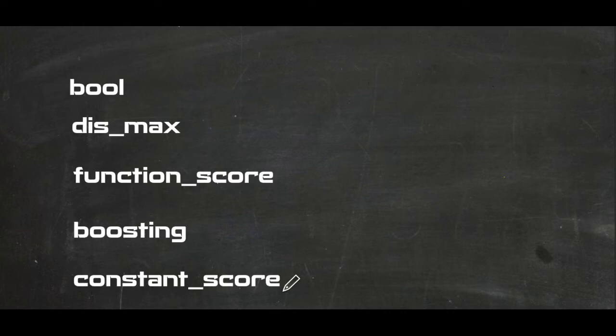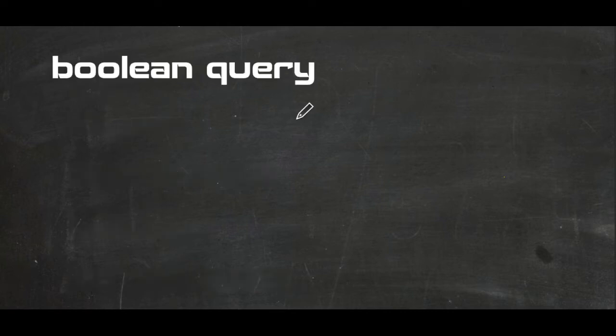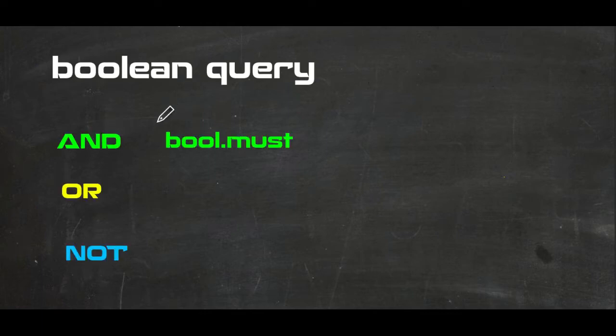Now let us see all of them one by one. The Boolean query is useful when you want to combine a number of leaf queries by using any Boolean operator like AND, OR, and NOT. For implementing AND, we need to use bool.must. This bool.must is nothing but a JSON array, inside which we need to write all the leaf queries.